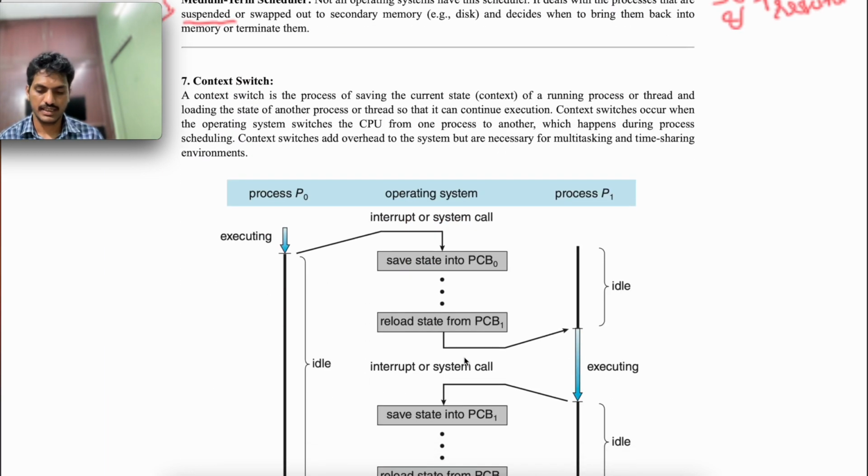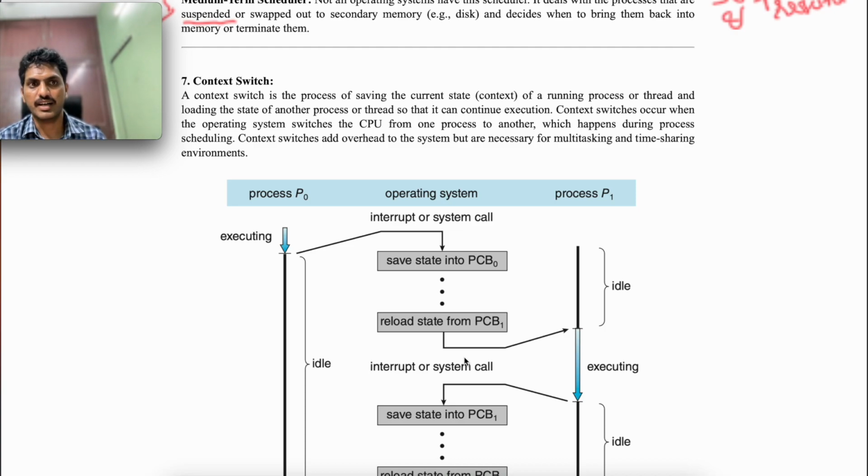Next one, context switching. When you are stopping one process in the middle and starting another process, you need to save the details of that process. That is context switching.